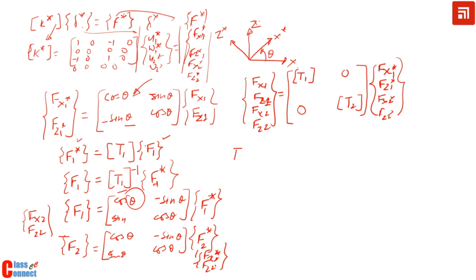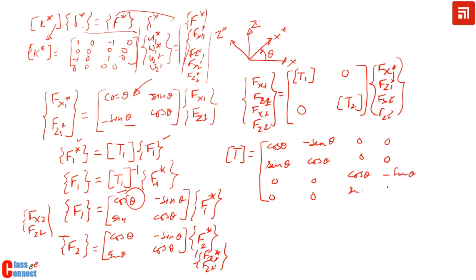So the general transformation matrix for the complete element is given by cos theta, minus sine theta, 0, 0; sine theta, cos theta, 0, 0; then 0, 0, cos theta, minus sine theta; and 0, 0, sine theta, cos theta. So this is my transformation matrix for the two noded element.